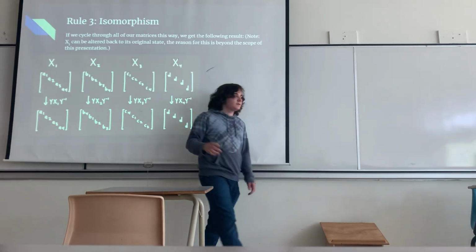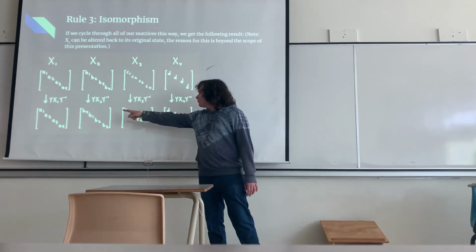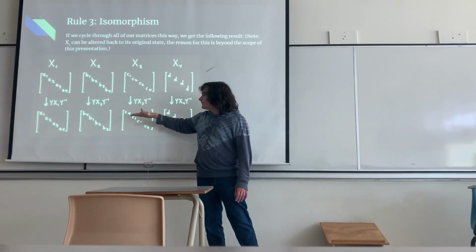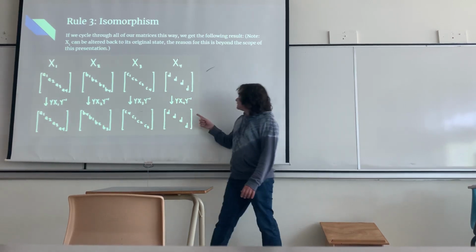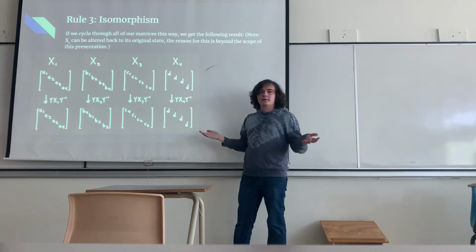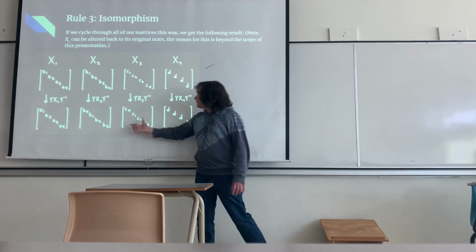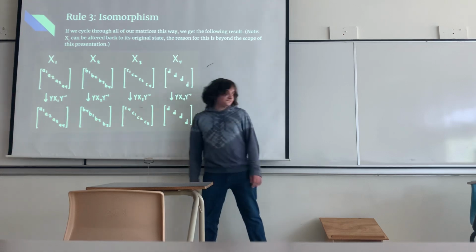There's a technical reason why that's true. I can't really get into it, but basically don't worry about x1. It isn't affected by the cycling, so we're just not going to consider it in this case. And this x4 has the same entry the whole way down, so cycling it is also not going to do anything. So we really just care about the effect of this cycling on x2 and x3. Okay.